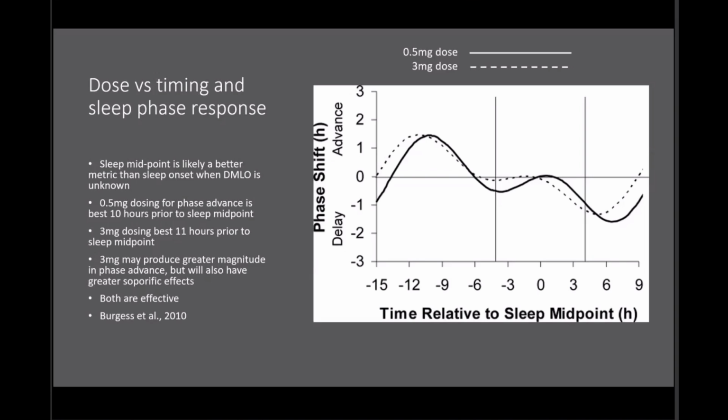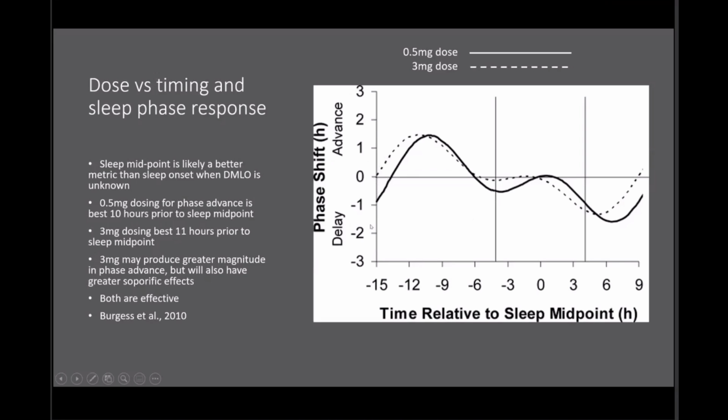The y-axis over here on the left is showing phase shift in hours, with 0 being the baseline dim light melatonin onset. So that would be about 2 hours before when they were falling asleep is this 0 line going down the middle. Above, the phase advancements are earlier sleep onset, and below 0, the delays are later sleep onset.